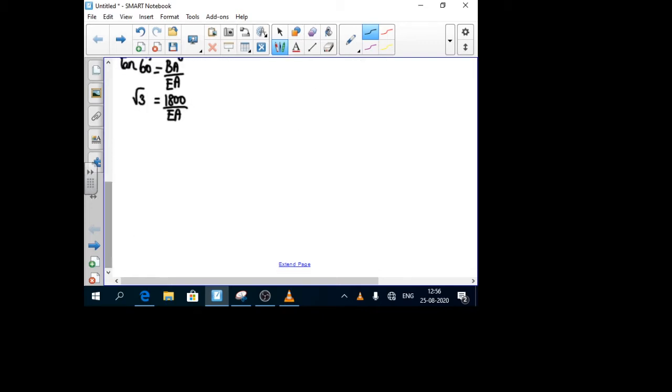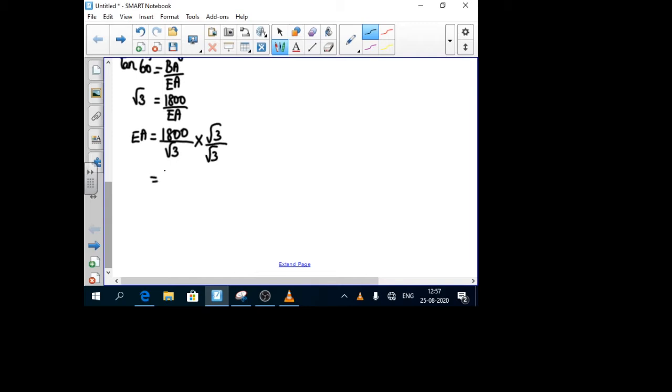So cross multiplying, EA is equal to 1800 by root 3. In the denominator you have an irrational number, so rationalize the denominator, that is multiply both the numerator and denominator by root 3.